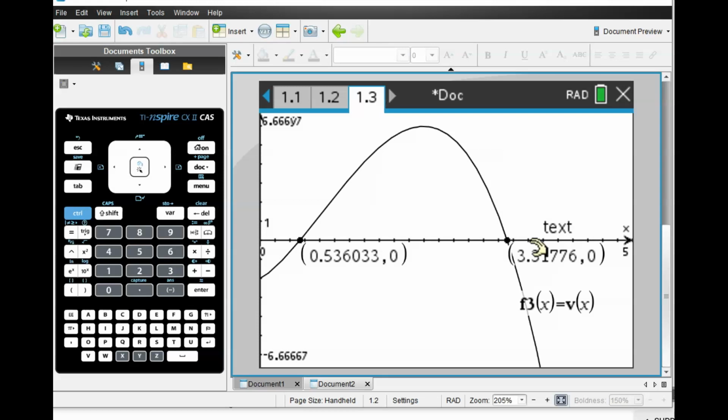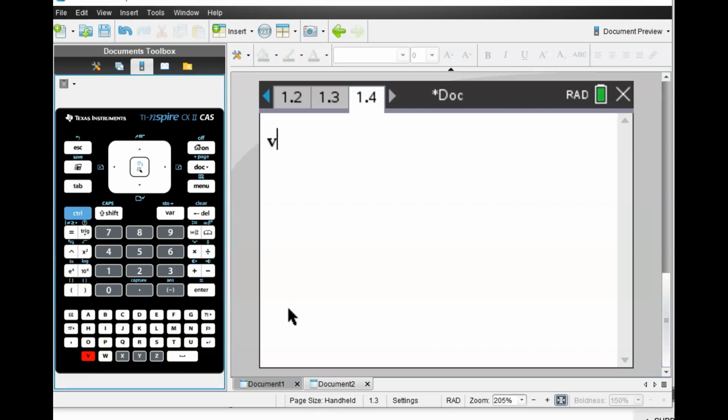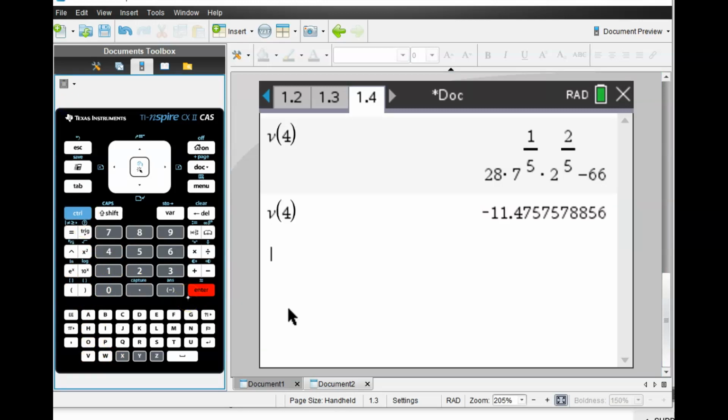So we have v stored. So let's go back here. We need to figure out what v at 4 is. And okay, so v at 4 is negative. And now I'm going to find the acceleration.